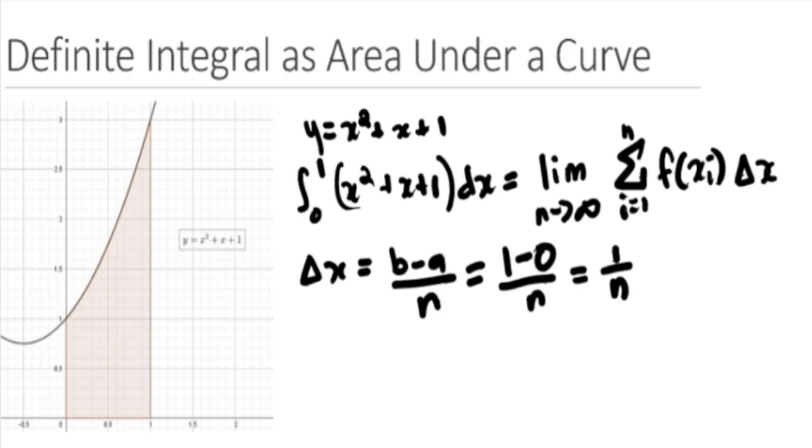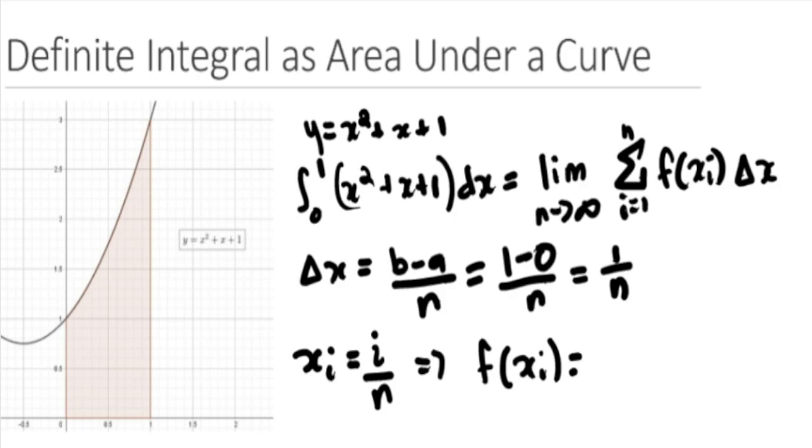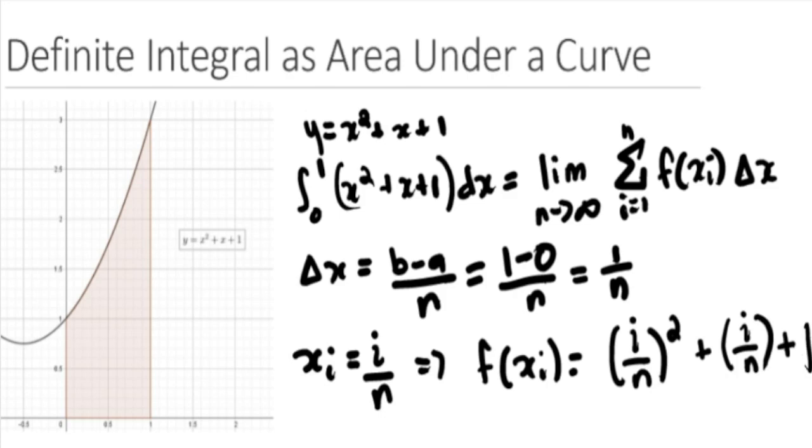Since we started at 0, hopefully we can recognize that x sub I can be written as I over n. So this would mean that f of x sub I would actually be I over n squared plus I over n plus 1.